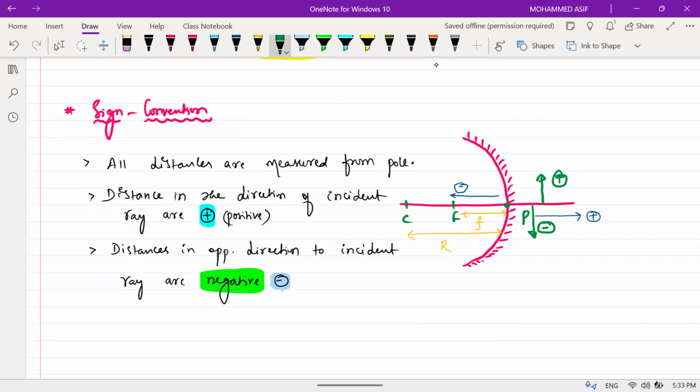Clear? అర్థమైందా? ప్రిన్సిపల్ యాక్సిస్ కి పైన పాజిటివ్. Below the principal axis it will be negative. And all the distances are measured from the pole.